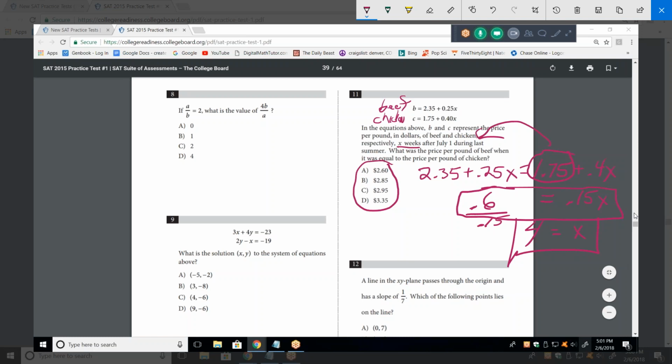It actually looked like the other would be the easier one to plug it into just because the numbers tend to be smaller. But when I do 0.4 times 4, I get 1.6. So I still get 3.35. But it is a little bit of an oddity here where that becomes the easier one to plug it into.